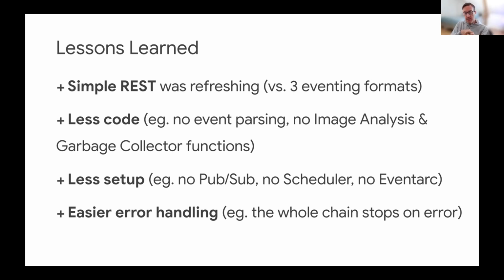So that was nice. The other aspect was that in our event-driven architecture, we were using PubSub, Cloud Scheduler for doing things on a schedule, and Eventarc to bridge events to some services. So we had different products or services to set up to create the topics, etc. So there was quite a bit of setup, whereas here we just handle things in workflows or when we were deploying each and every service.